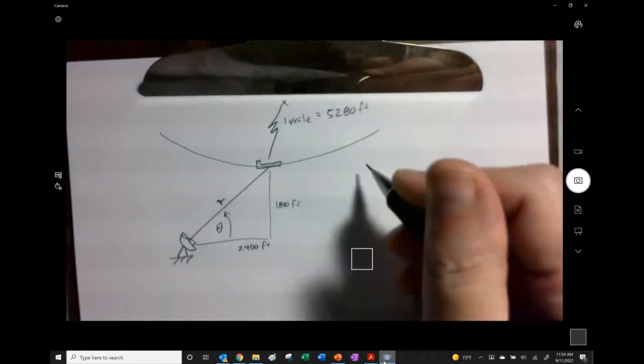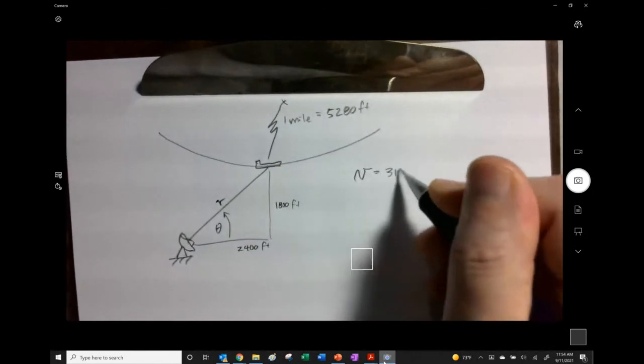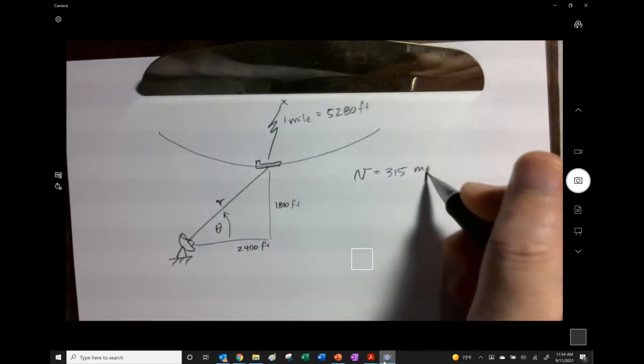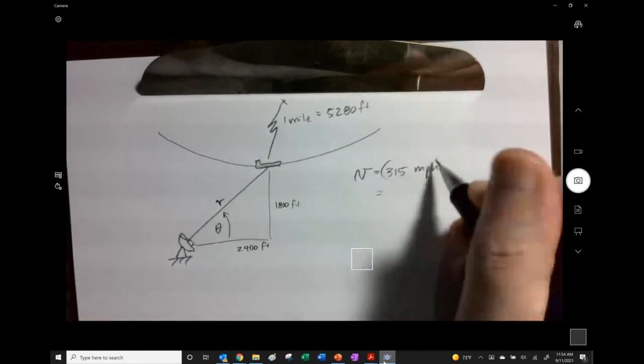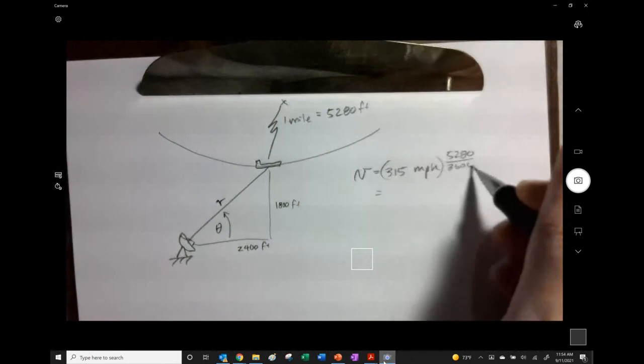Okay, and so the plane's velocity is 315 miles per hour. So let's just go 5280 over 3600.